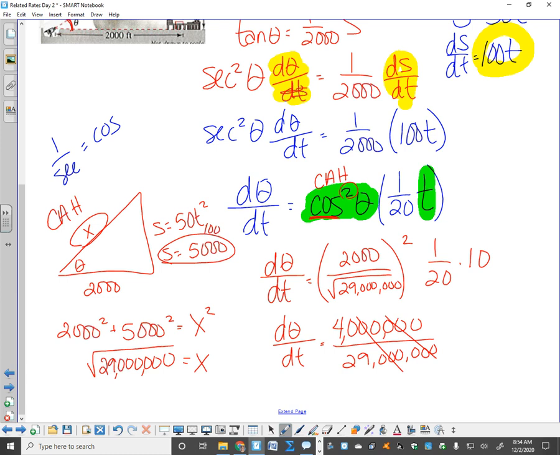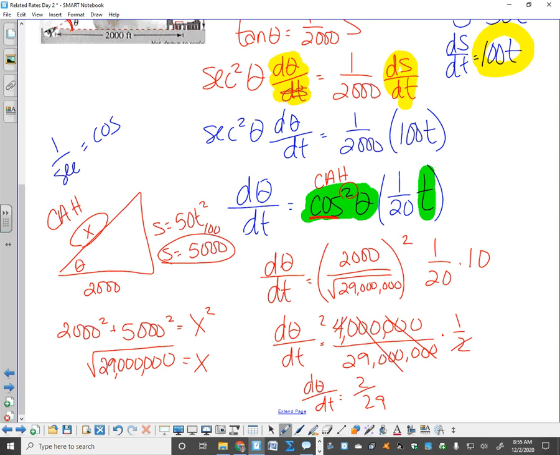That's 4 over 29 times a half. So d theta dt, the 1/2 and the 4, 2 over 29. Look how pretty that is. That is nice.